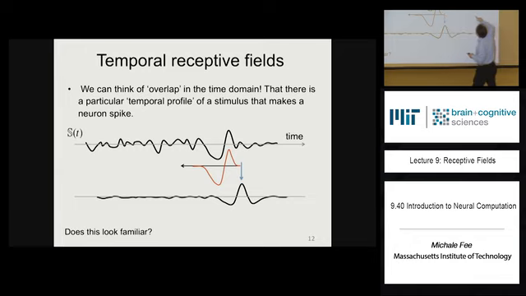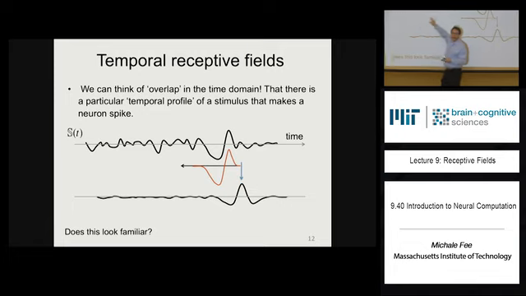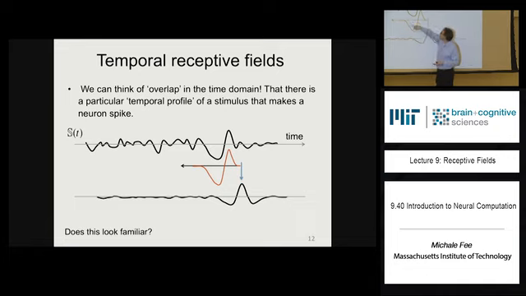Remember, this is 0 everywhere outside of here, right? So we multiply the stimulus by this kernel. That product is going to be 0 everywhere, except right in here you get a positive bump when you multiply these two, a positive bump when you multiply those two, and the integral over tau gives us this positive peak here.